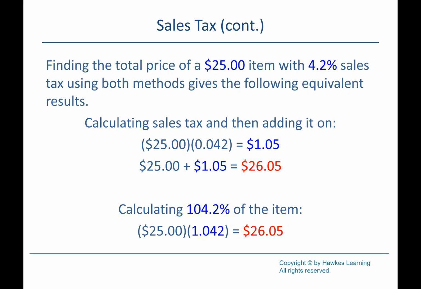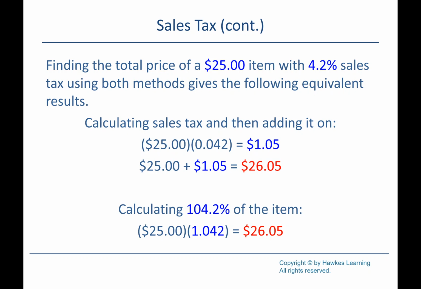Here we got items with a total price of $25, 4.2% sales tax. So the normal way people work that problem is they take $25 times 0.042 to figure out how much tax we have to pay. So then we would take the cost of the items plus the tax and get our total, tax included, $26.05.